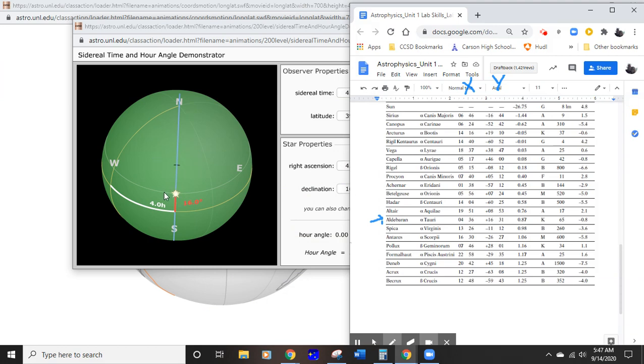The star is 16 degrees. However, it is along our meridian. So we can use this to help identify stars if we know the local sidereal time, which means that it's on our meridian, and that's the right ascension of stars along this meridian, and we have to use the declination to figure out where it is up and down. Okay, that will conclude part 2.